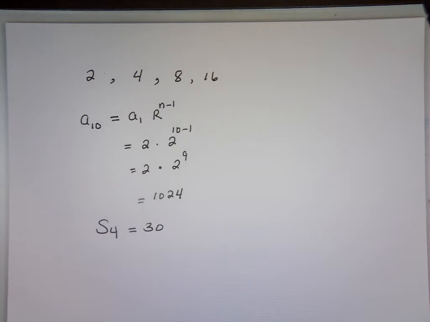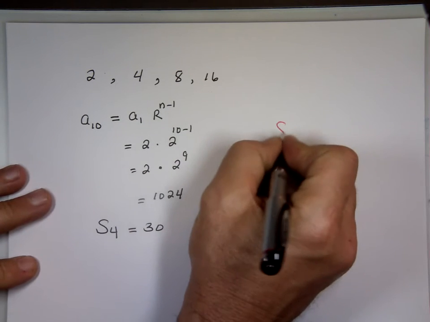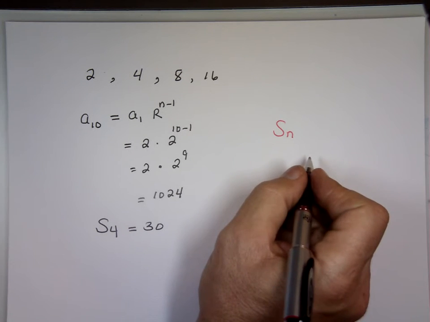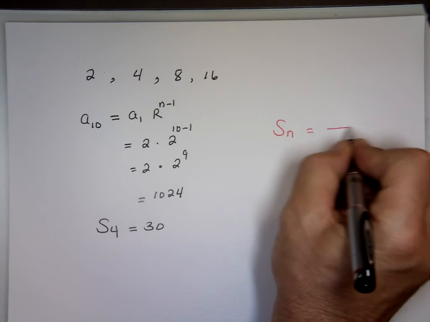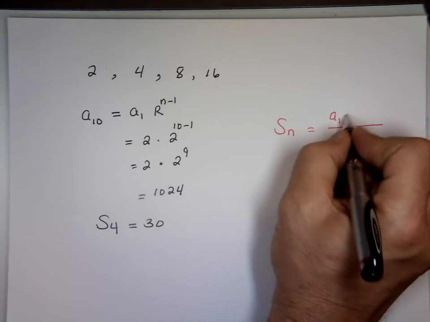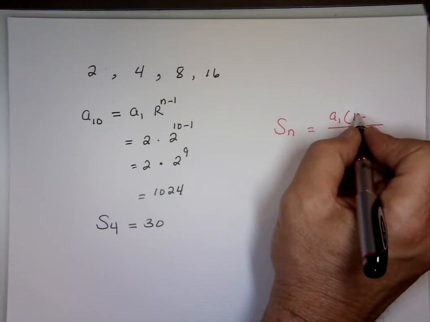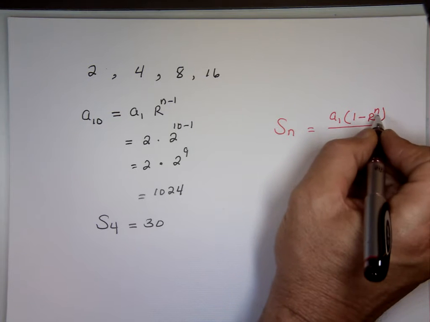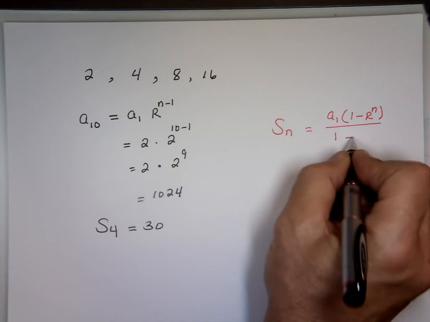Do we have an equation that will get us there? It says if you want to find the sum of the numbers, it's going to be equal to a1 times 1 minus r to the power of n, divided by 1 minus r.